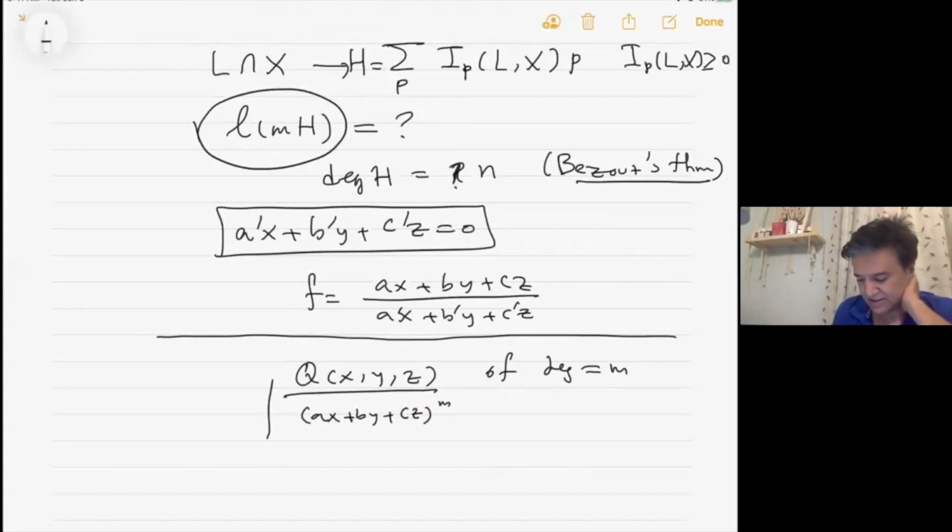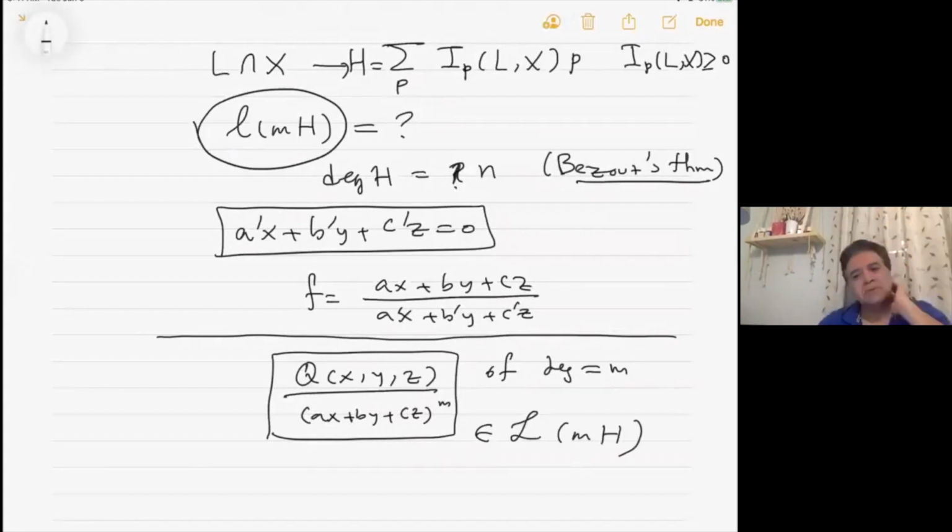And therefore, this is going to be a function inside L(mH). So this way, I constructed a lot of elements inside L(mH). And I want to count the dimension of this space, the space of all functions of this form.